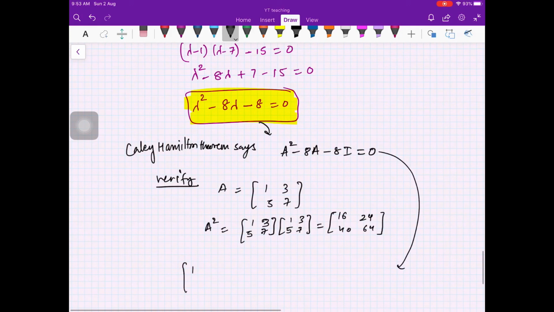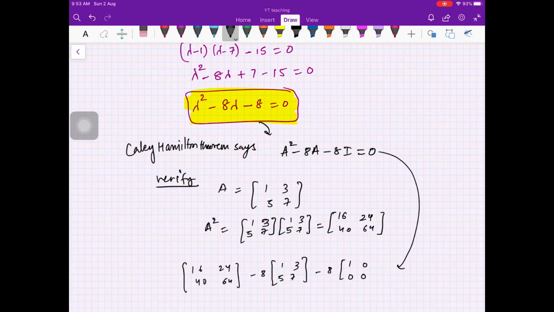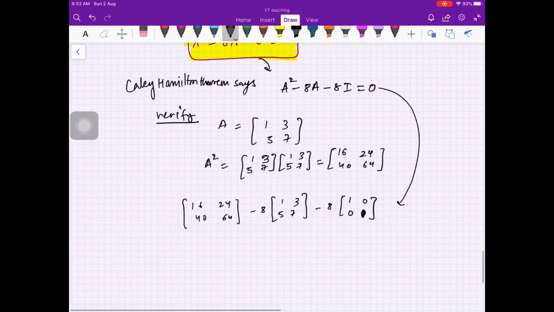So you have A square, [16 24; 40 64], minus 8A, which is again the matrix [1 3; 5 7], minus 8 identity, that is [1 0; 0 1]. Now you compute the terms. 16 minus 8 minus 8, so the first term is 0. Second term, 24 minus 24, 0.